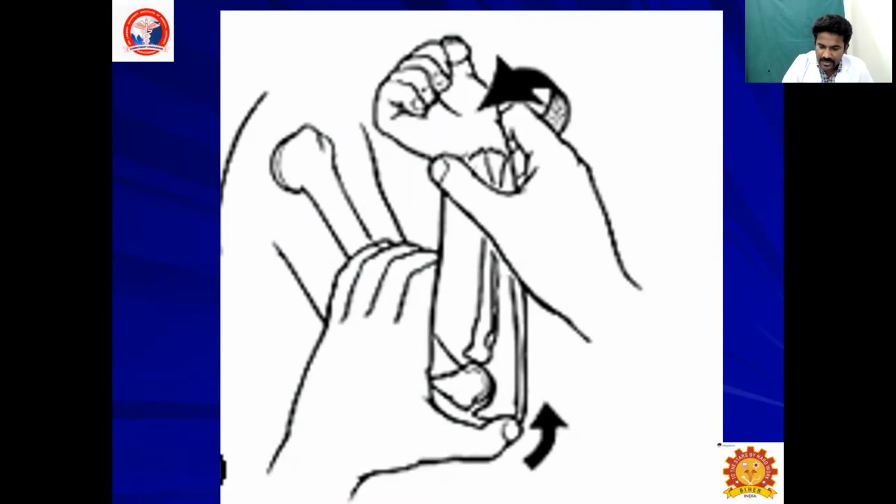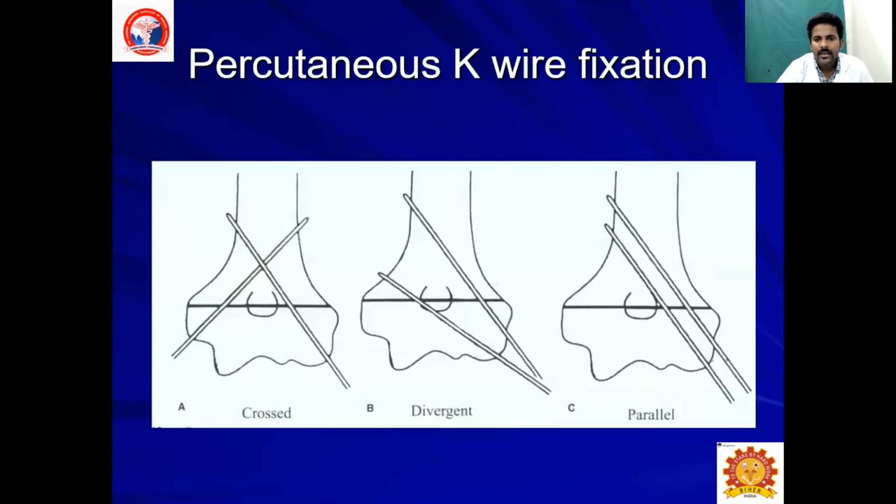The extended fragment will go and sit with the proximal fragment, and you are hyperflexing with pronation of the hand, so that you manipulate the fracture and it reduces into the anatomical position.